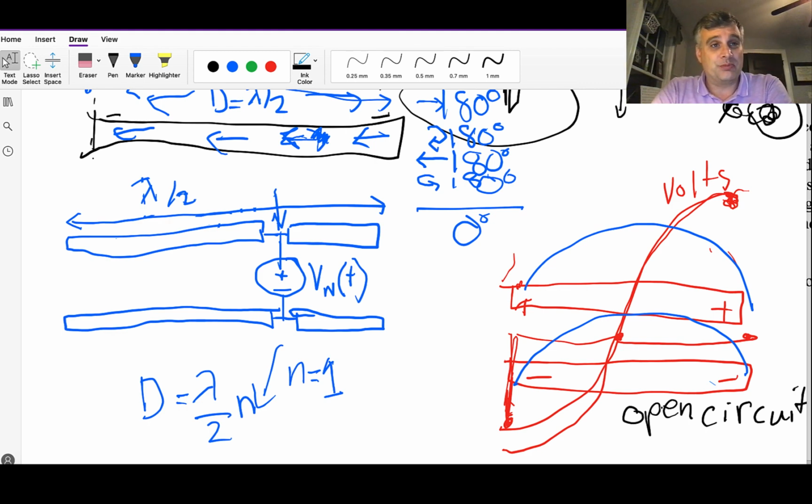In that case, I would probably want to use a transmission line with short circuits on both sides to represent the fact that there was 0 volts being enforced as a boundary condition on that transmission line, forcing the current to be, or the voltage to be 0 at the ends and a maximum in the middle for the fundamental. It's all an analogy.